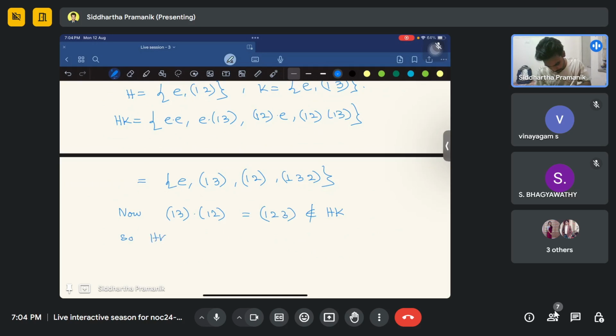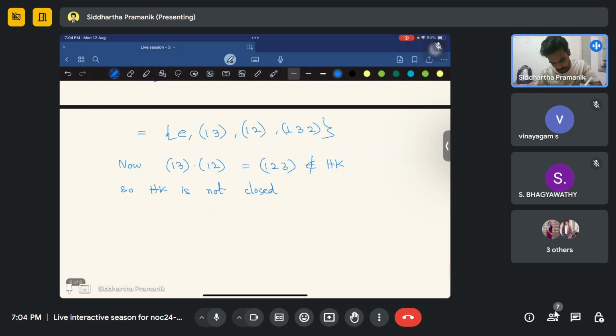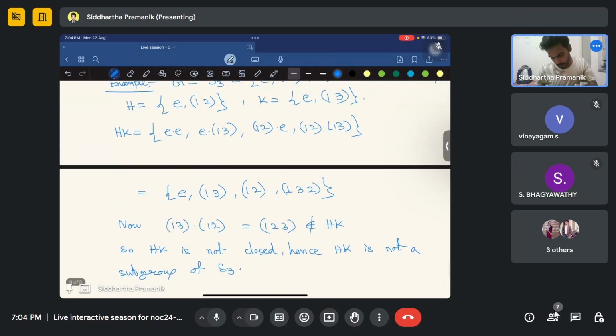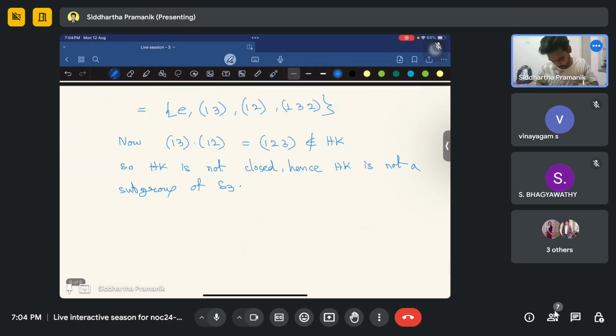So HK is not closed. It cannot be a group. Hence HK is not a subgroup of S3. I hope the example is clear. So the calculations you can do on your own.